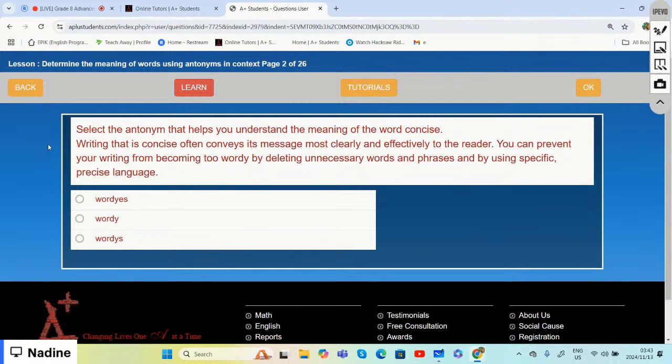We need to select the antonym that helps you to understand the meaning of the word concise. Writing that is concise often conveys its message most clearly and effectively to the reader. You can prevent your writing from becoming too wordy by deleting unnecessary words and phrases and by using specific, precise language.